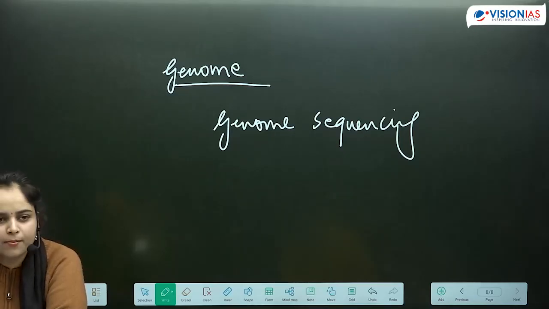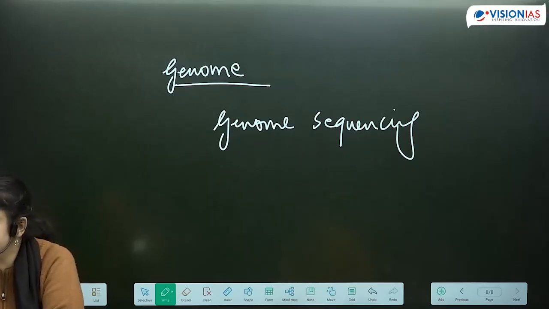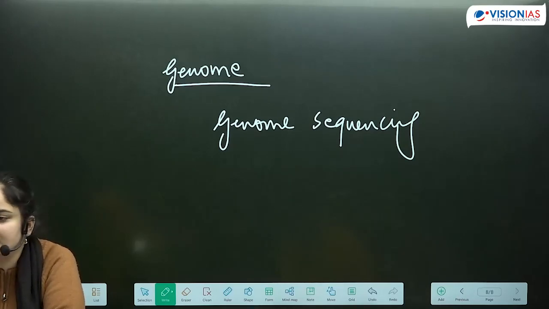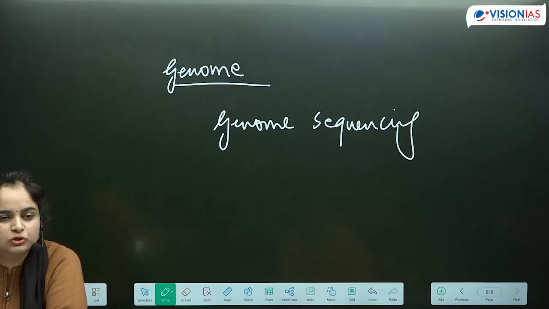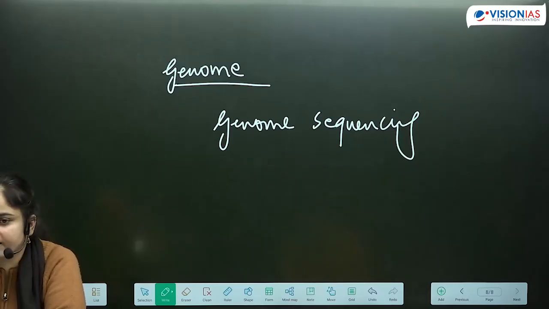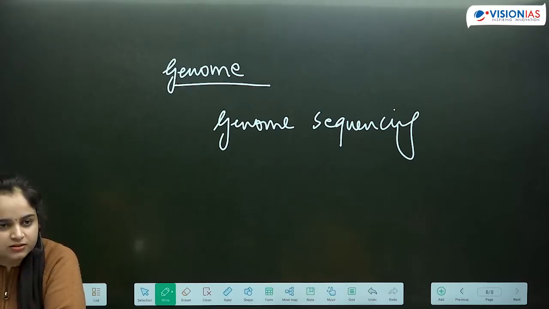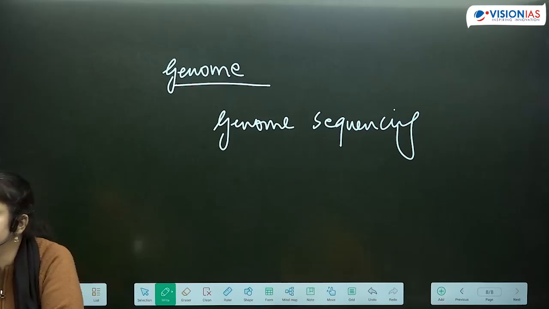If I'm talking about one person or say one virus, and I'm talking about what his complete DNA is like, that means all the chromosomes with all the genes and everything. The word for that is genome. Okay. I can also use this term for the whole species. Like I can say human genome or COVID-19 genome.